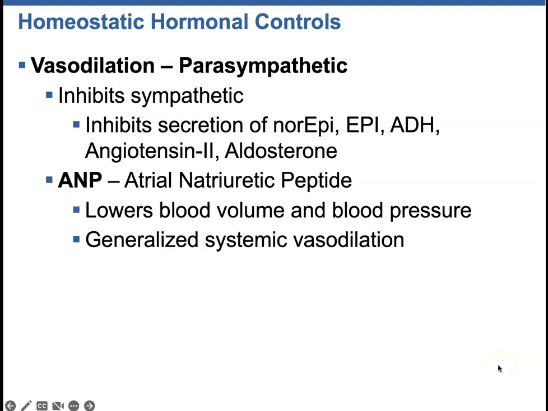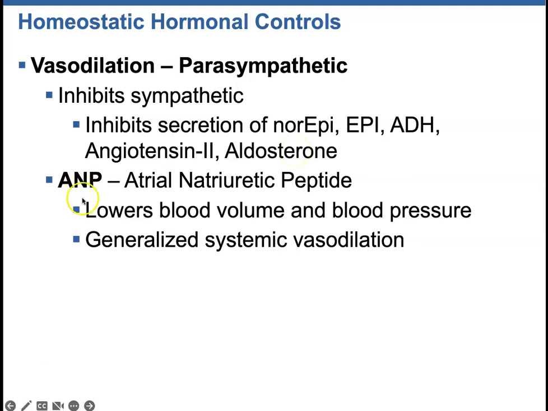Then when you need to decrease, now we kick on parasympathetic, which inhibits sympathetic, and it inhibits the secretion of your norepinephrine, epinephrine, your dopamine, your ADH. It inhibits the renin-angiotensin system, which produces the angiotensin II, which now causes inhibition of angiotensin II, and also inhibits aldosterone because angiotensin II would be one of the things that stimulates aldosterone secretion.